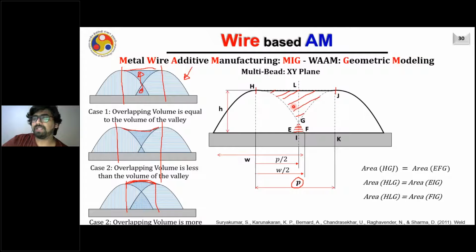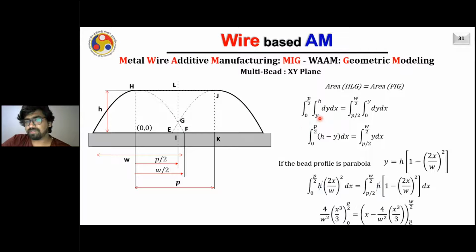I can simply do my integration, as you know how to find the area under curves. I integrate from this curve to this straight line, and in the bottom case from this line to this parabola. If these two areas are equal, then you will have a flat surface.